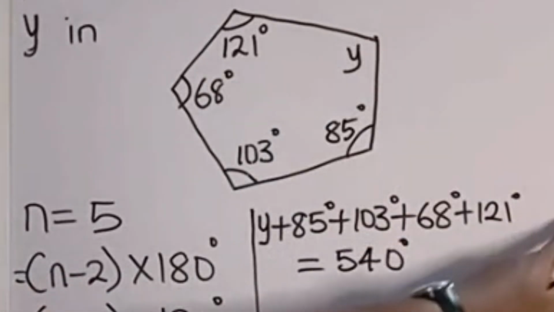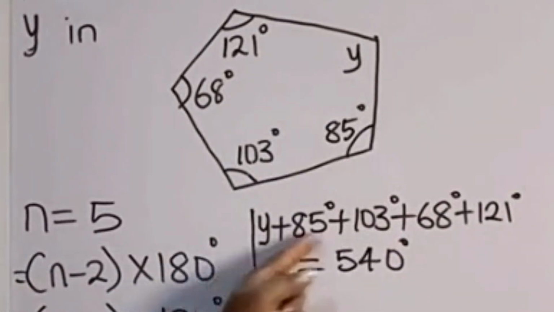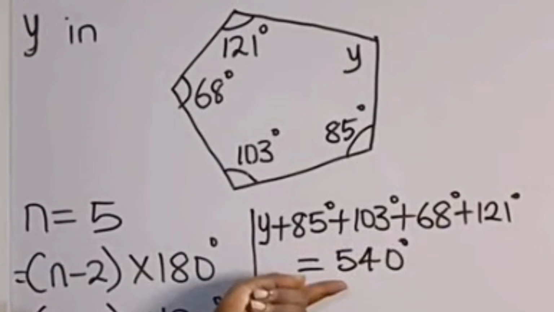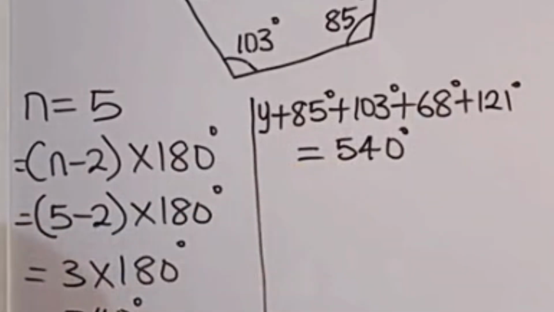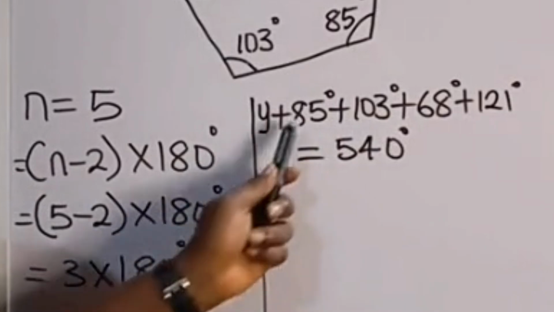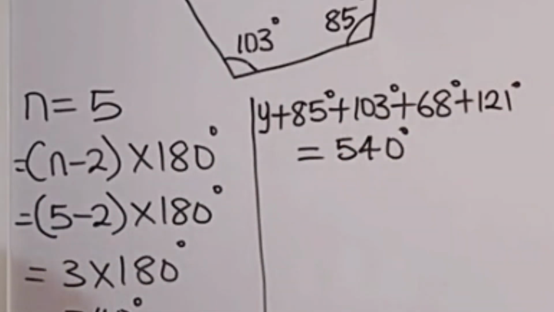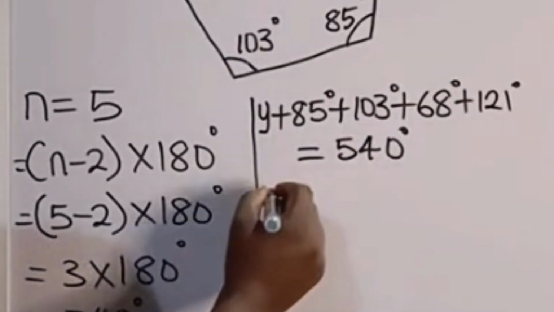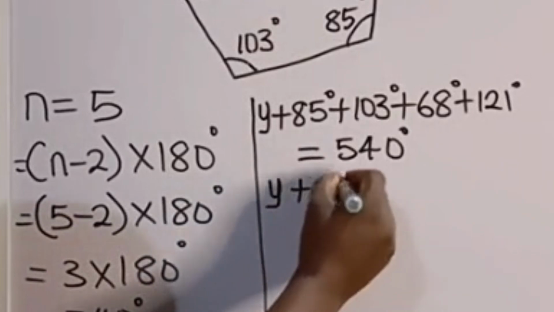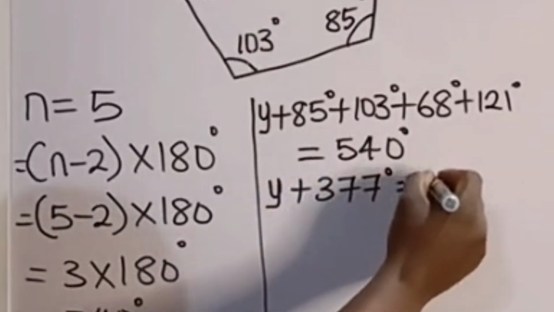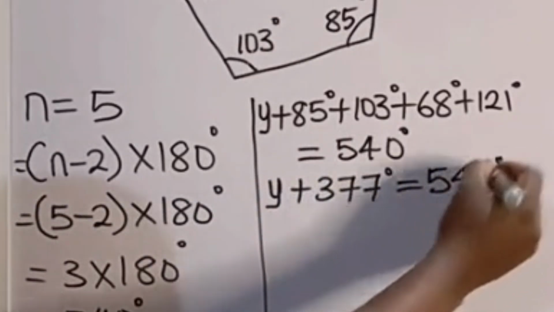I don't have enough space this way, so I'm writing it here. So when you add all these angles, you're going to get 540 degrees. So the next thing we do is sum all the known angles together. When you add all the known angles, what do you get? 377 degrees. So y plus 377 degrees is equal to 540 degrees.